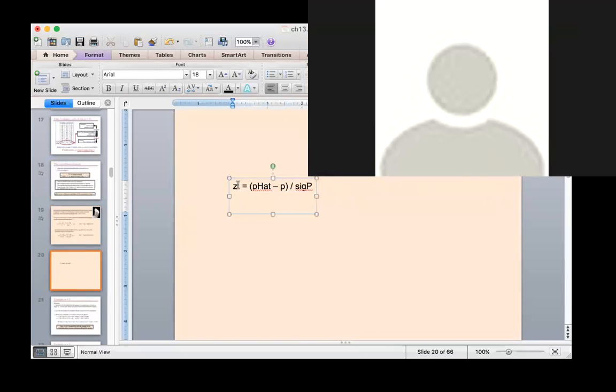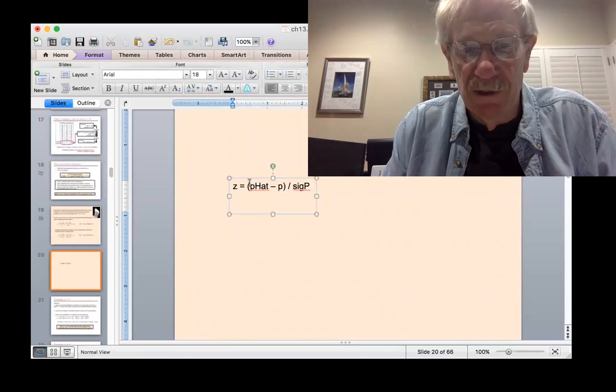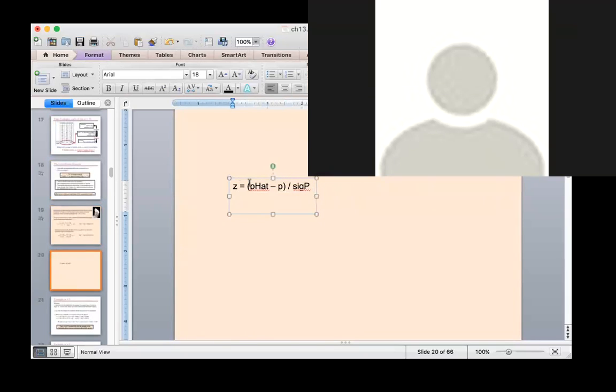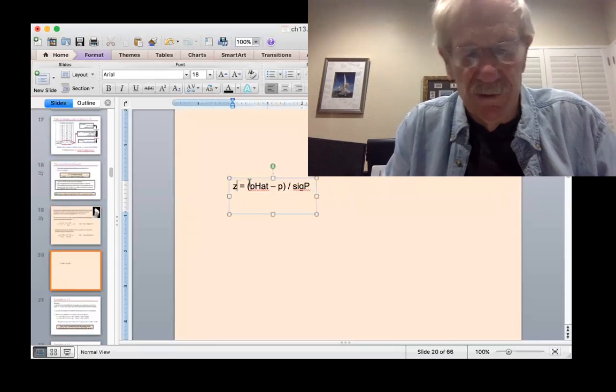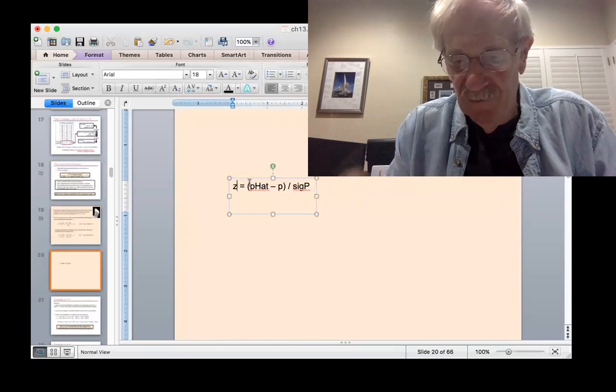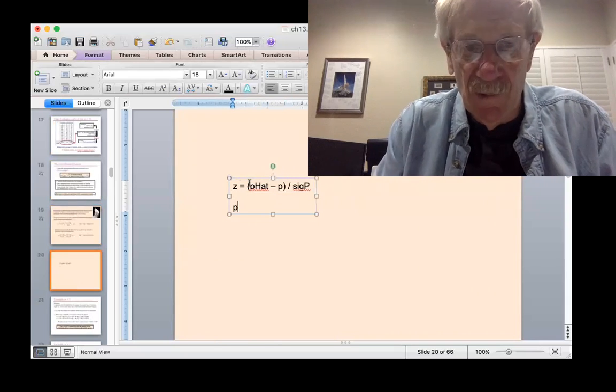Can I ask a stupid question? There's no stupid questions here, believe me. Is this Z the same Z that we've been dealing with? Yes, it's the Z score. I haven't actually done this module yet, so I'm coming in a little blind. But I know that with Z we had a pretty simple thing to do for normal distributions.